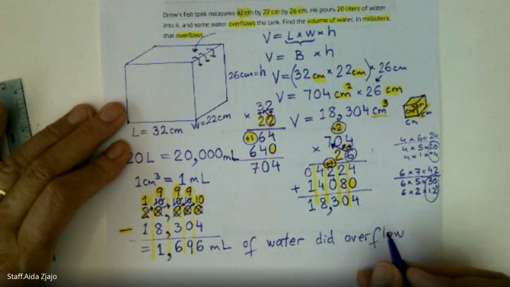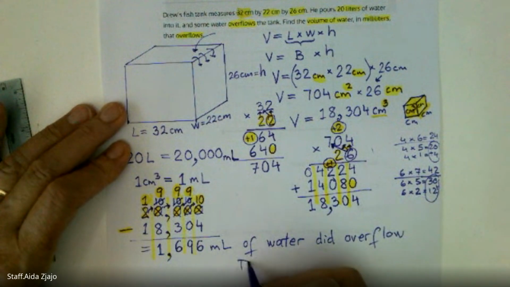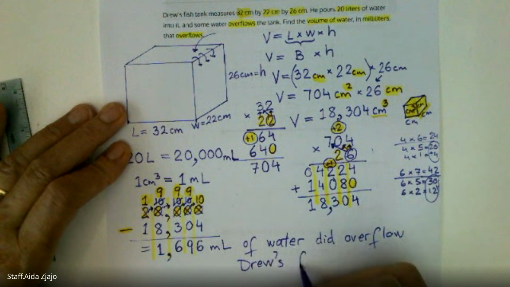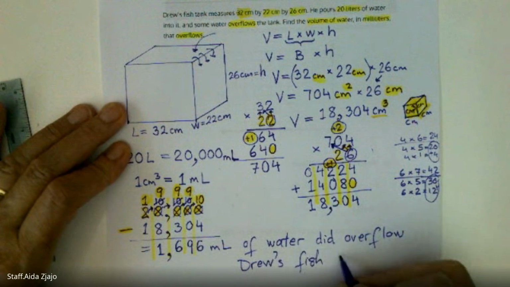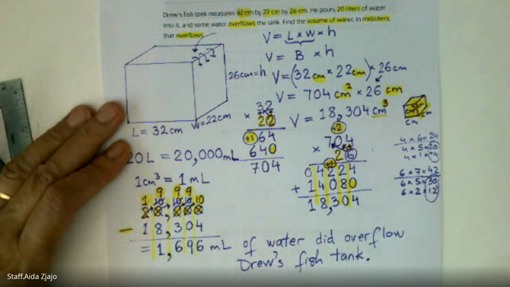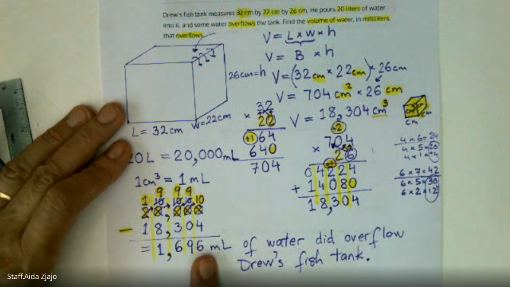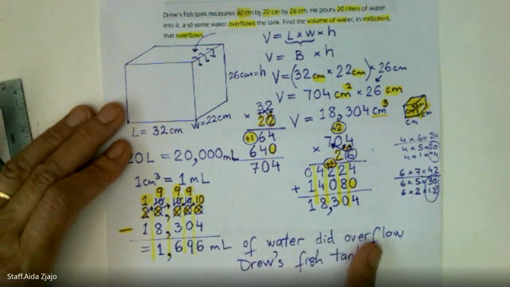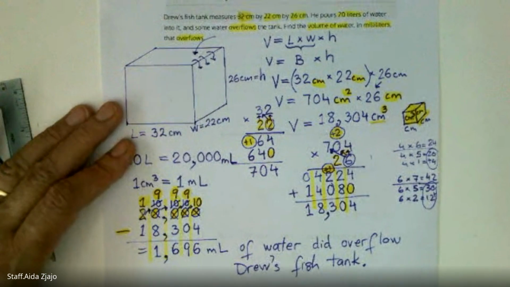Overflow Joe's fish tank. Okay. 1,696 milliliters of water did overflow Joe's fish tank.